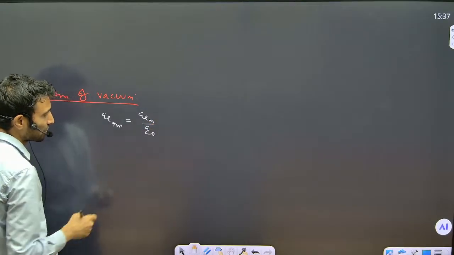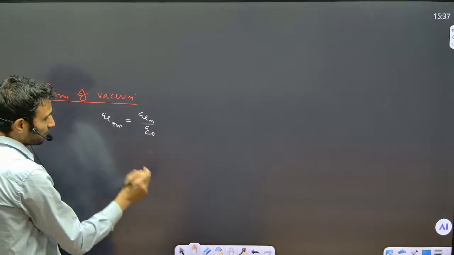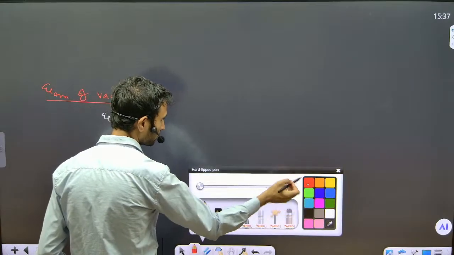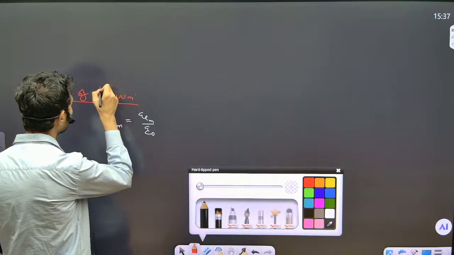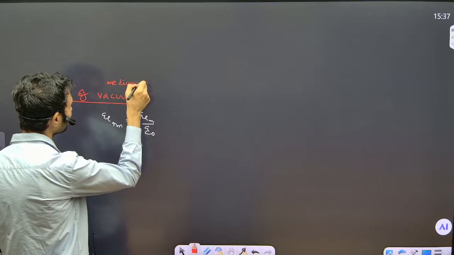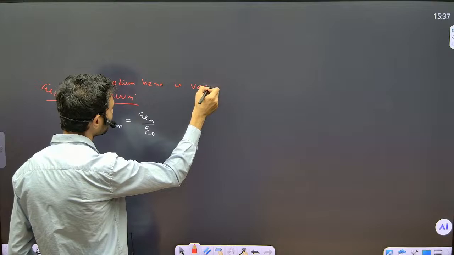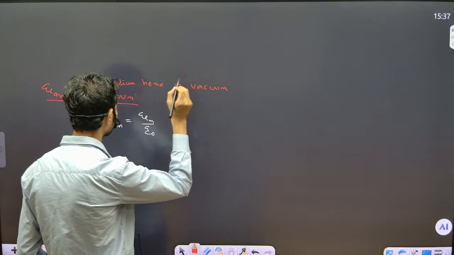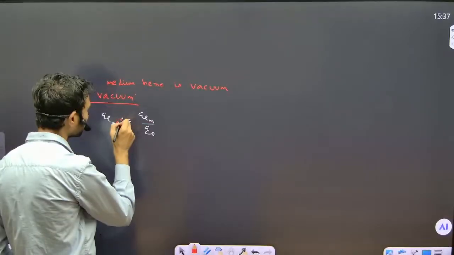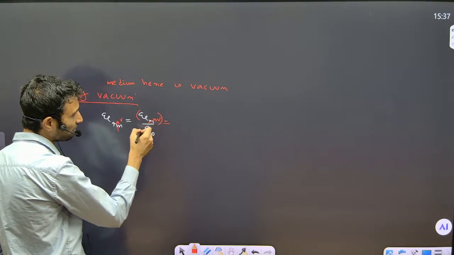That's the formula we just saw. And I want to find it for vacuum. So my medium here is vacuum. So that is epsilon of vacuum divided by epsilon naught.